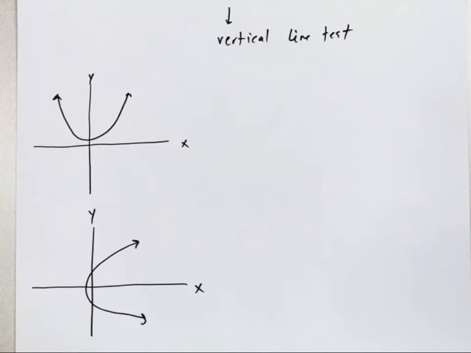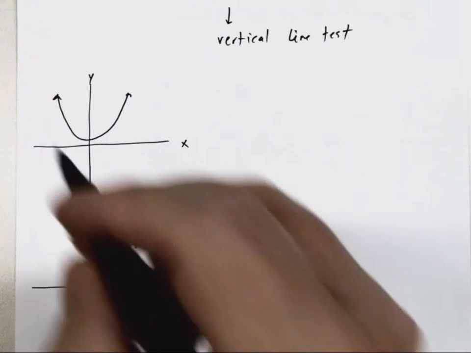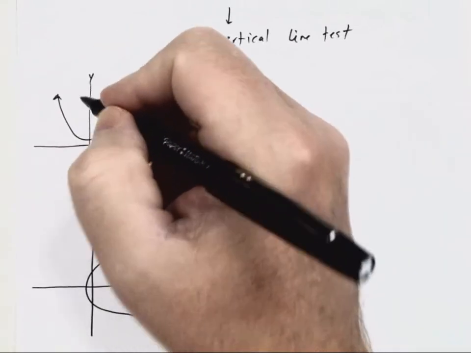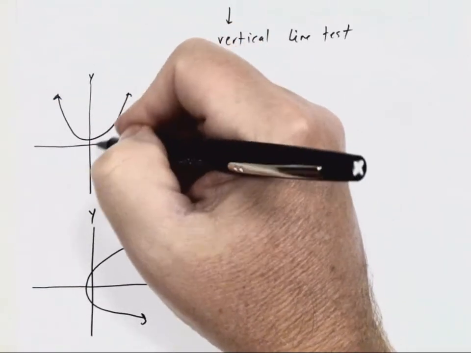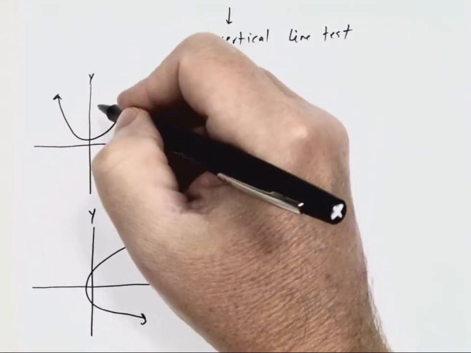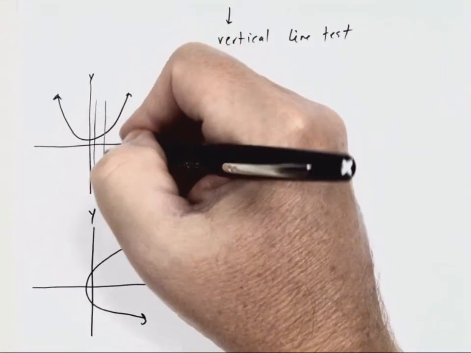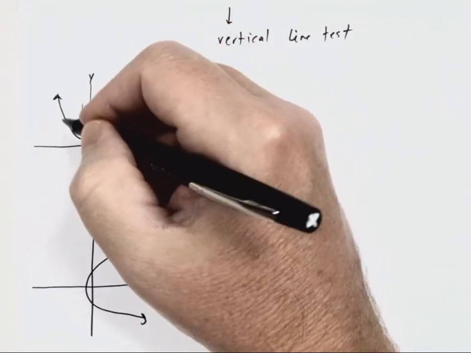Vertical line test says you look at your graph and you can draw or imagine drawing a bunch of vertical lines, which means straight up and down, just all over your graph.